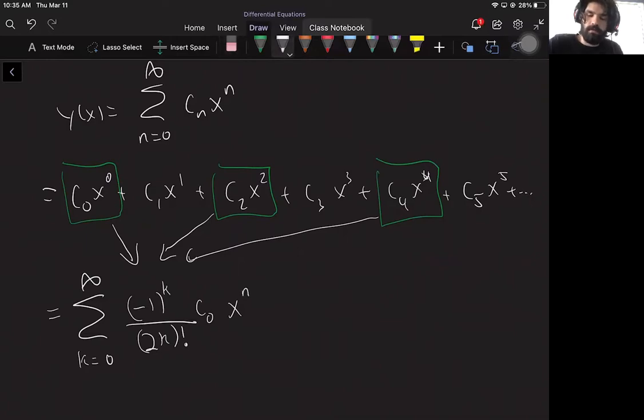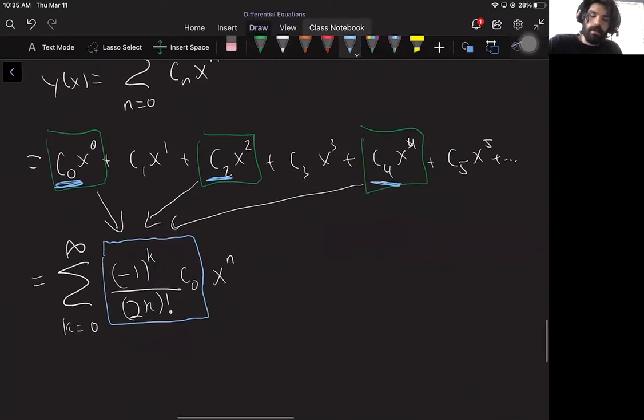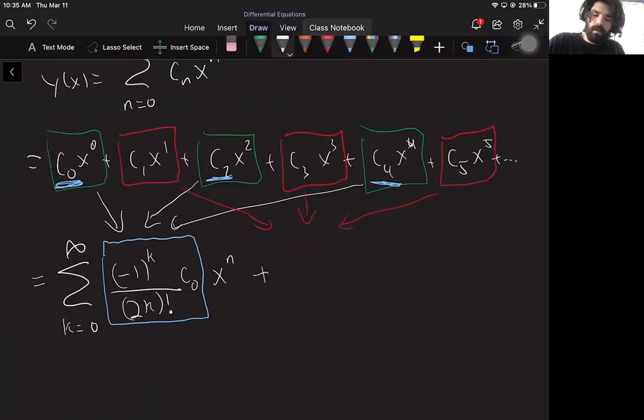So what I'm saying is I've figured out all of these C's, and they're just these things. These are all the C's. They're all in terms of the first C0. And then if I group the odd ones together, I can write those all as another infinite series.